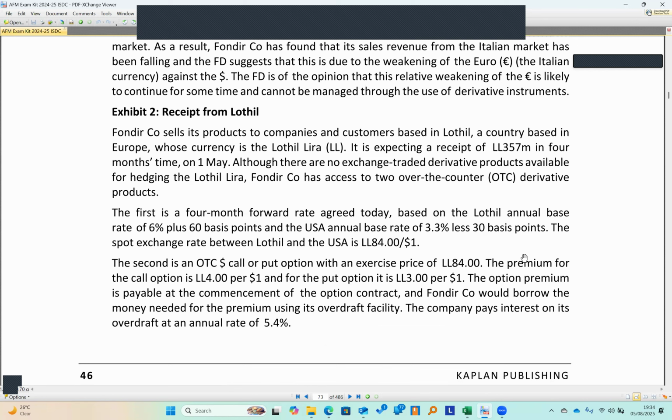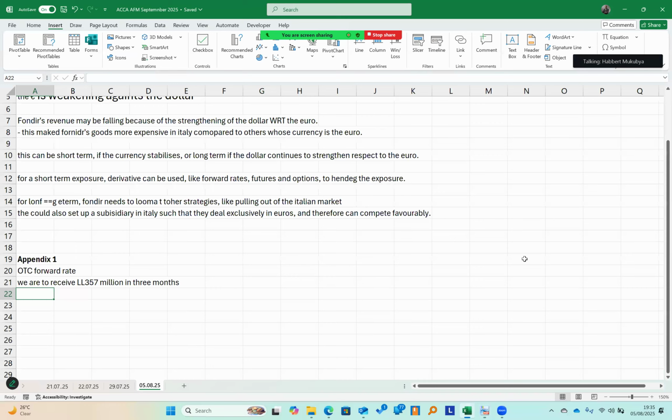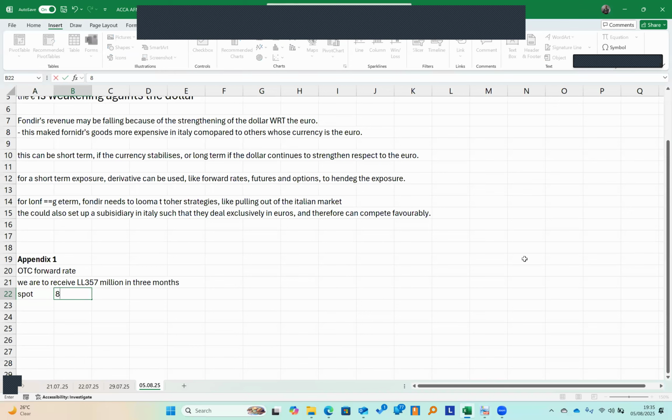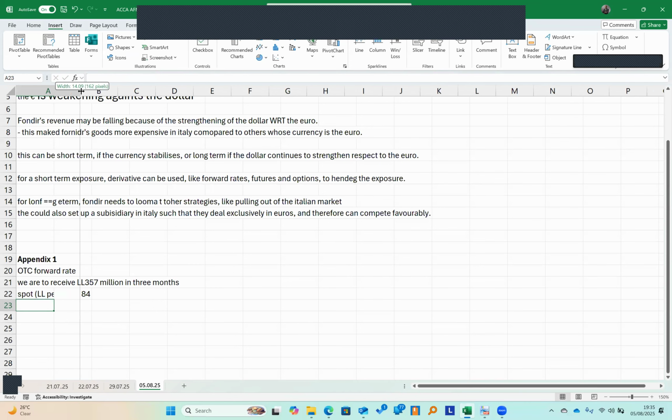They are giving us the annual base rate of 6% plus 60 basis points in Lothian, and then the USA, and then they are saying that the spot right now is 84. So they have given us the spot 84. Remember, they have given it to us in lira per dollar, which means that the dollar is the base currency.